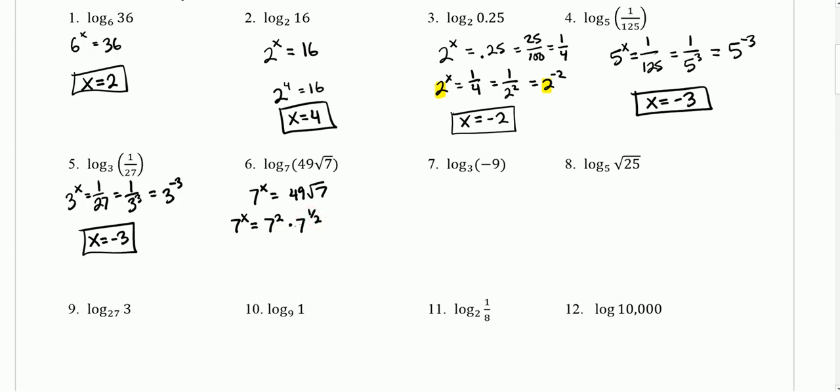And when we multiply things with exponents that have the same base, we keep the same base and add the exponents. So x is going to be 2 plus 1/2. 2 is 4 over 2, plus 1/2, getting a common denominator, is 5 over 2, so our exponent is 5 over 2.